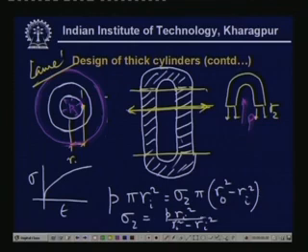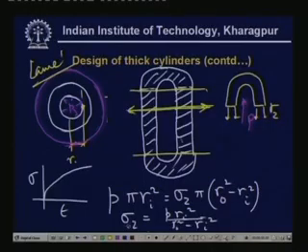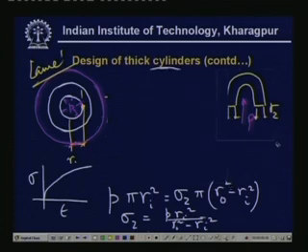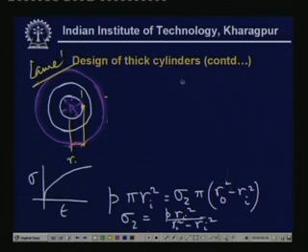Now, if the material is ductile, we can use the same principle, that is the principle of maximum strain, and in that case the strain looks different from the previous one because we have to consider sigma z again. Let us see how the strain expression looks.